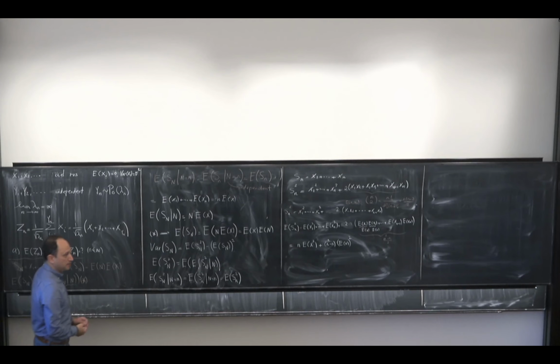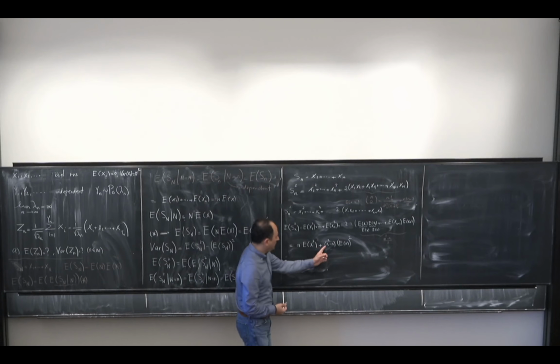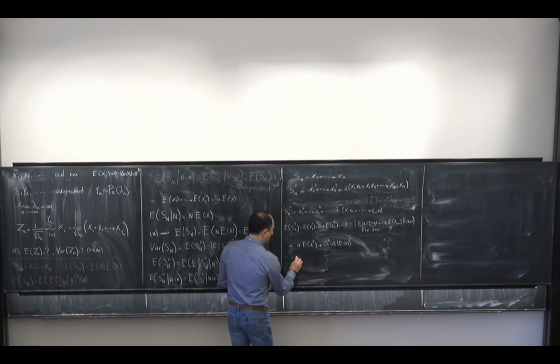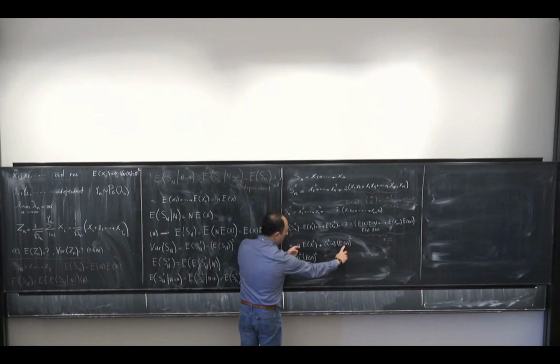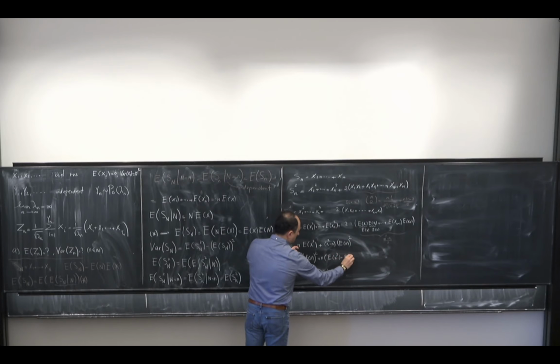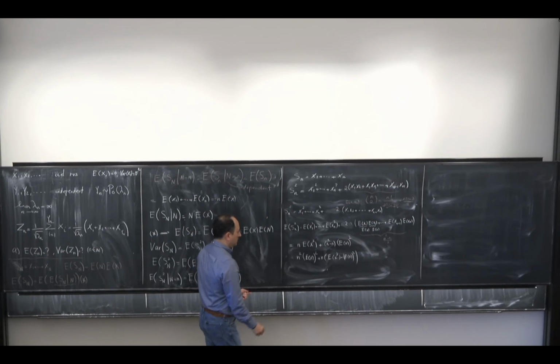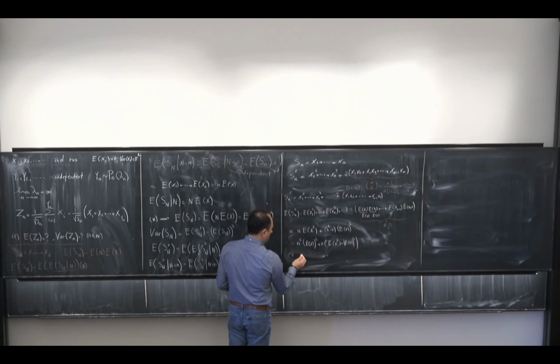Yes? And now you multiply this in, so it becomes n squared E[x] squared, but then minus n and then positive n, I factor n out. This one is just me, I just copy and paste it.